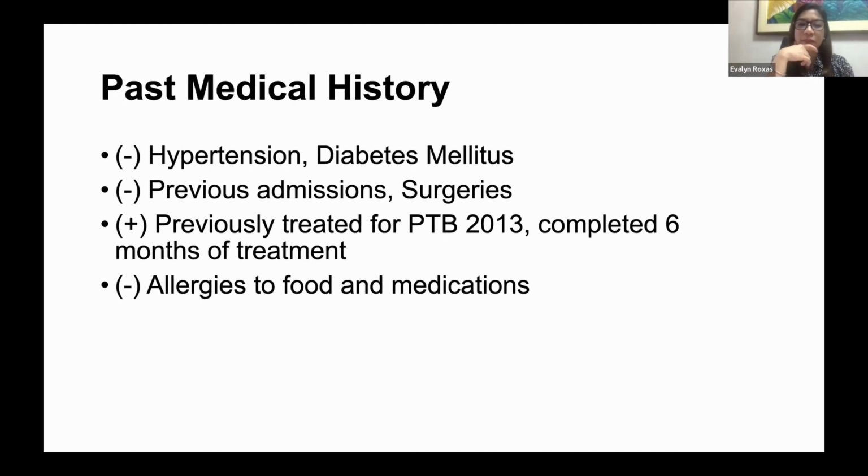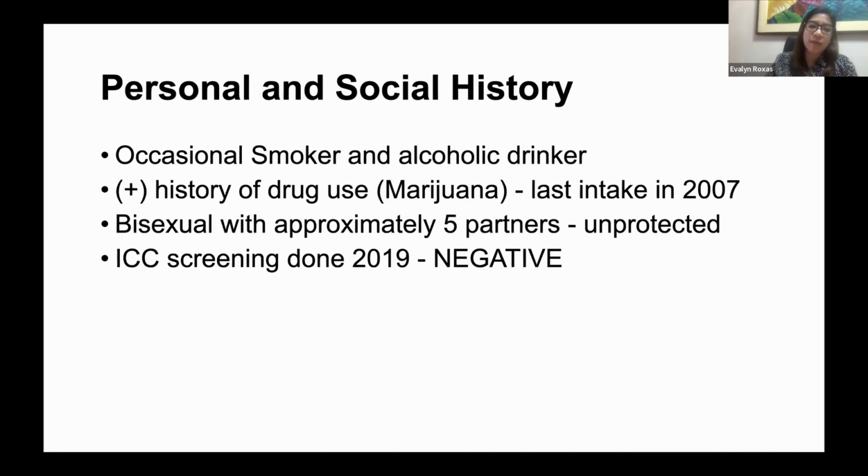This was his past medical history. So no other specific or significant past medical history, except for a note of previous treatment for PTB last 2013, where the patient claimed that he completed 6 months of treatment.